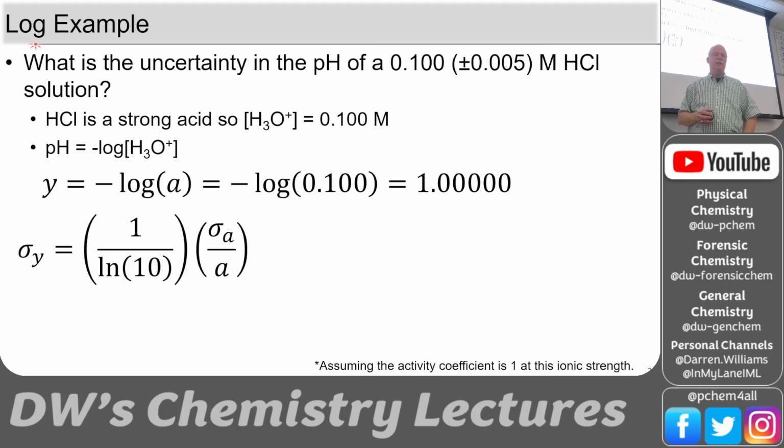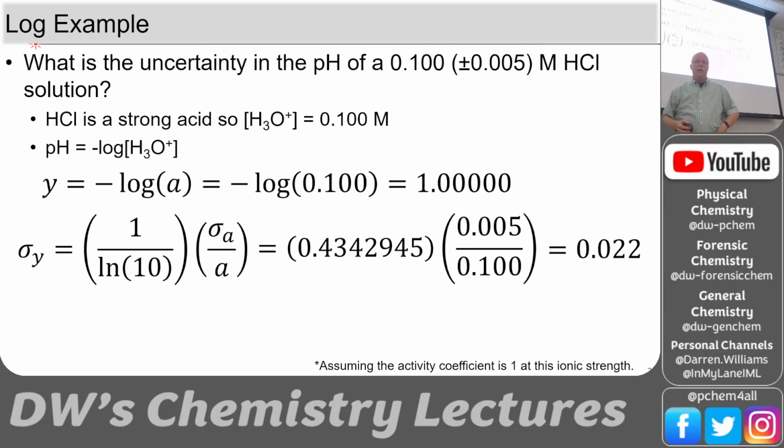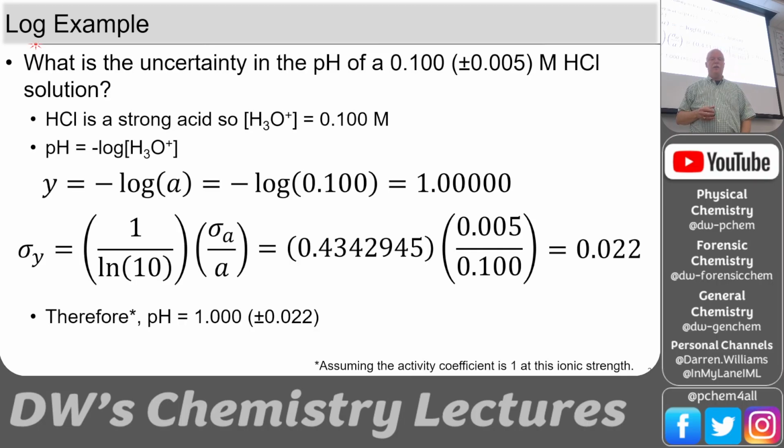And what's our uncertainty? Our concentration RSD would be sigma A over A. We put those in, and this would be our result in terms of our uncertainty, 0.022. So this would tell us where to round from that pH pen measurement. And so our pH would be 1 plus or minus 0.022. That's pretty good. And so our CV is 2%.